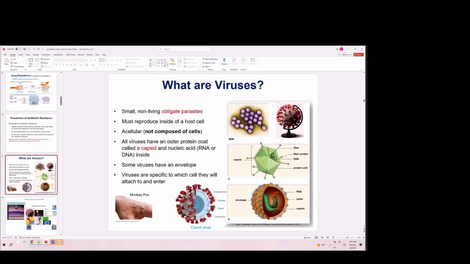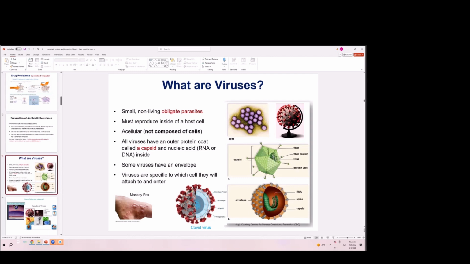In terms of their structure, I said they usually have an outer protein coat called a capsid. And inside that capsid, they would have nucleic acid. Nucleic acid, you are talking about either DNA or RNA. So you have RNA viruses and DNA viruses.